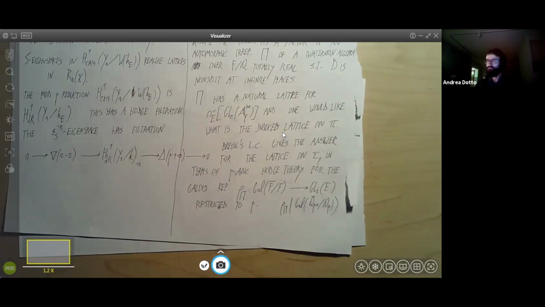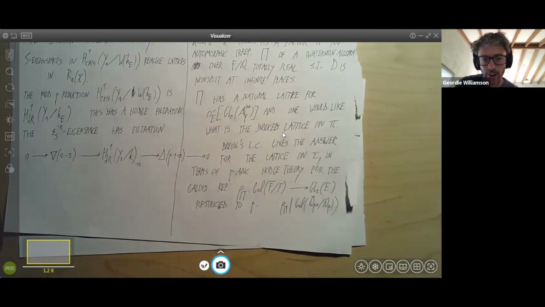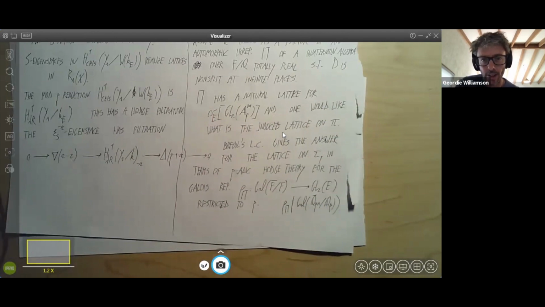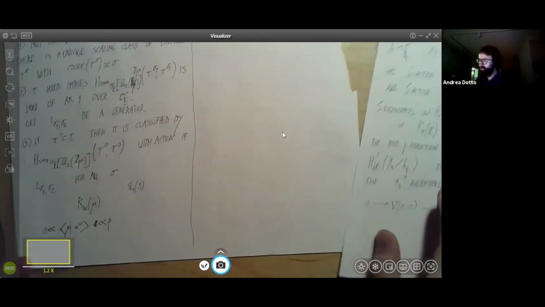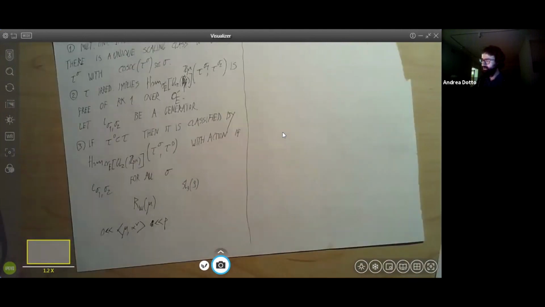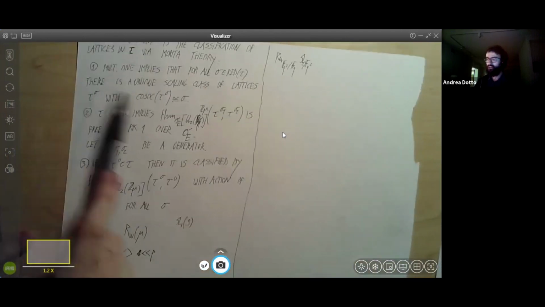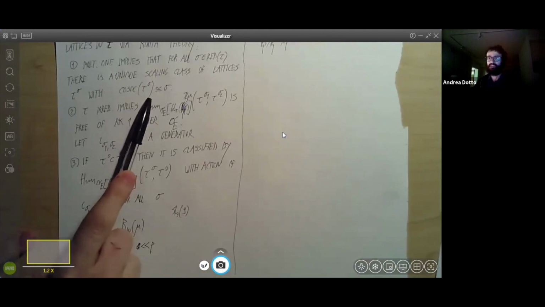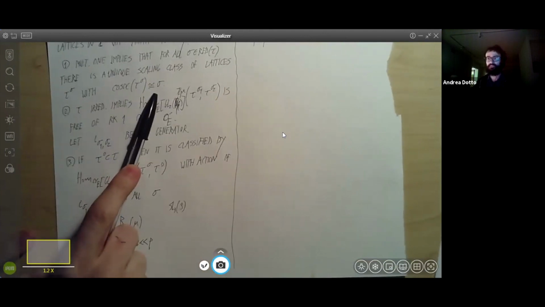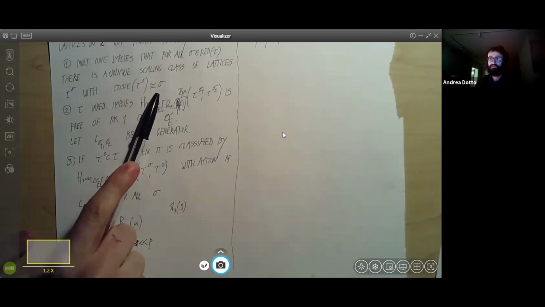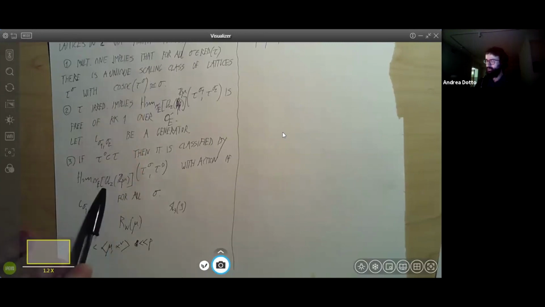Okay. Another thing, this is really stupid, but I totally missed where multiplicity 1 came in at the end. Like, what was the bit where you used it? It comes in two places. Explicitly here, when you say that there is a unique homothetic class of lattices with irreducible cosocle isomorphic to sigma. And then it appears in here.